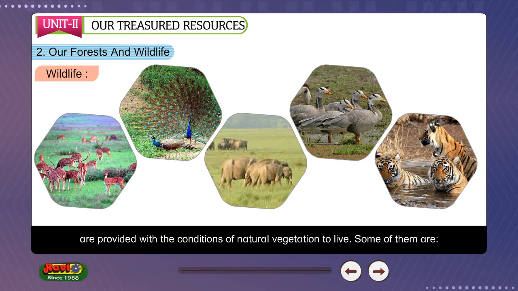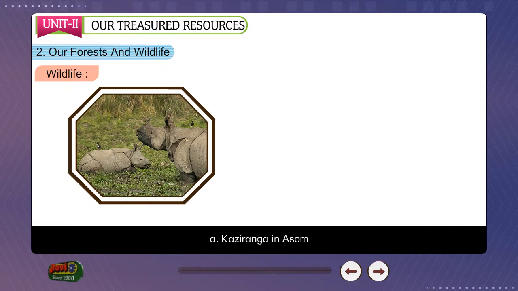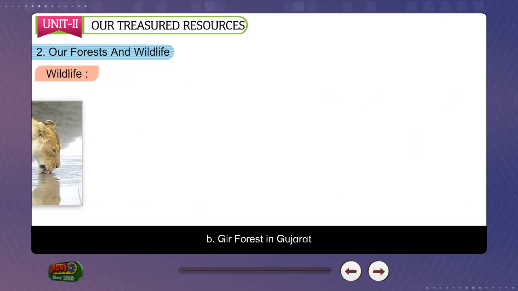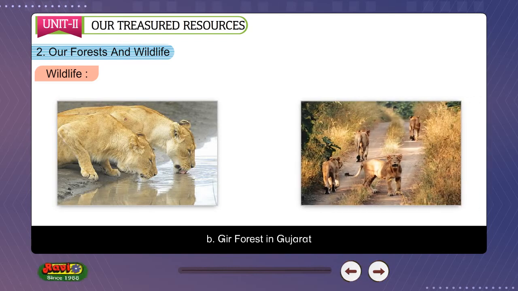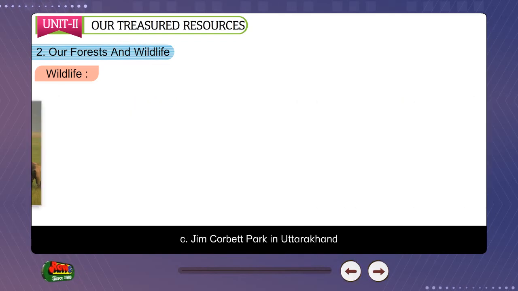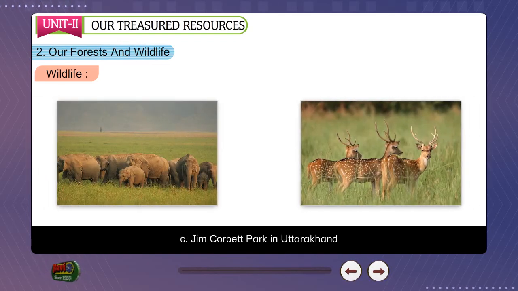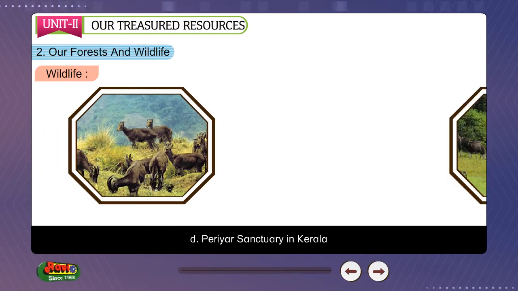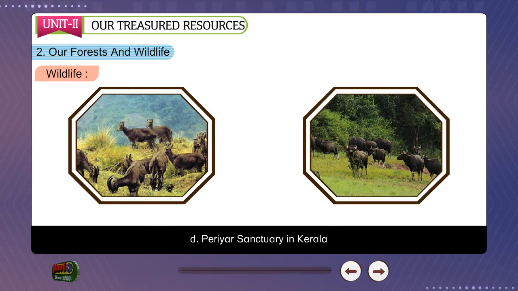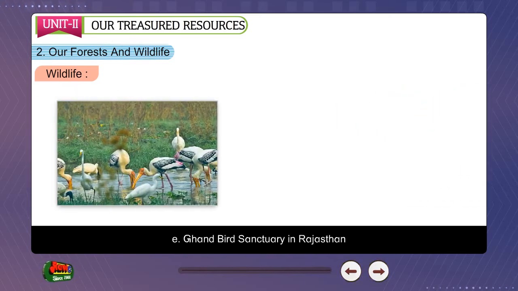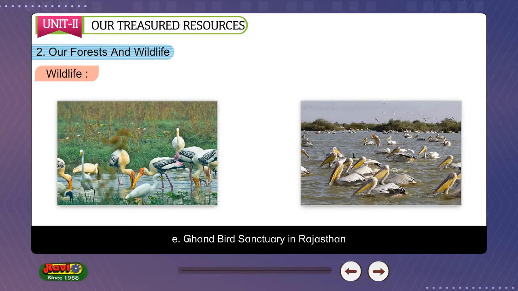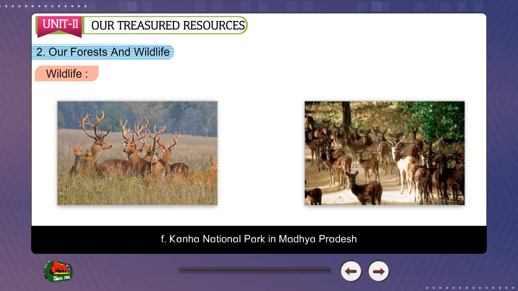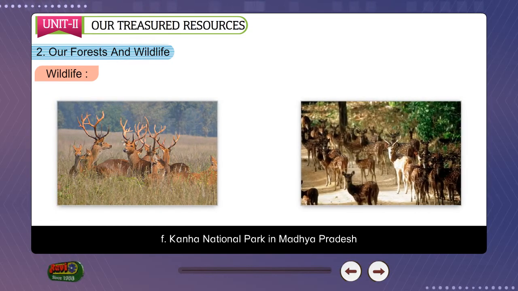Some of them are: A. Kaziranga in Assam, B. Gir Forest in Gujarat, C. Jim Corbett Park in Uttarakhand, D. Periyar Sanctuary in Kerala, E. Ghana Bird Sanctuary in Rajasthan, F. Kanha National Park in Madhya Pradesh.